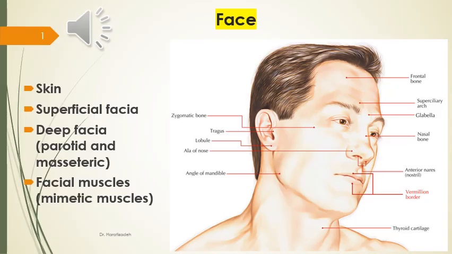These fascia had another name in the neck, and in the face we have just two parts of deep fascia named parotid and masseteric fascia. And at the end we have facial muscles, mimetic muscles in the face.